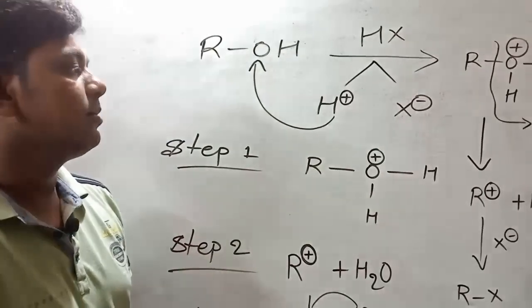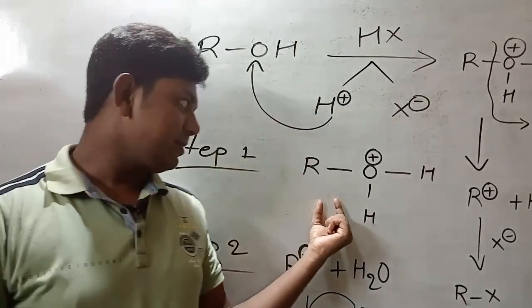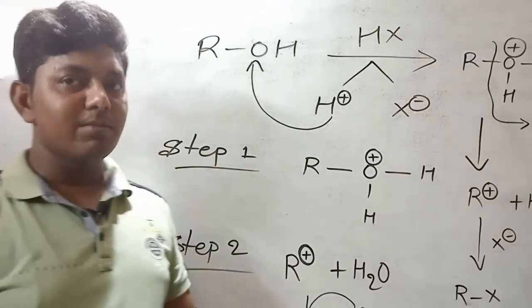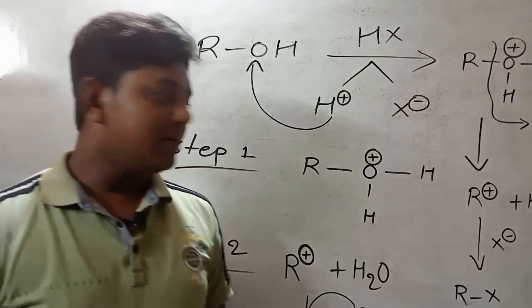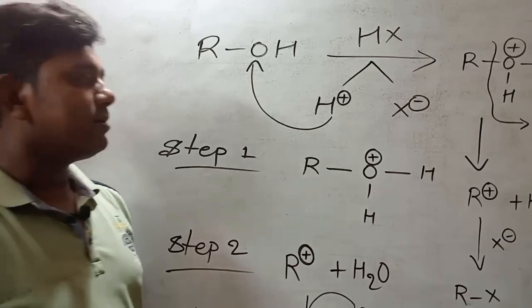So where is the possibility? The first step is known as chain initiation, the second step chain propagation, the third step is the chain termination step. This is the final step. According to the second step, some rearrangement is possible.